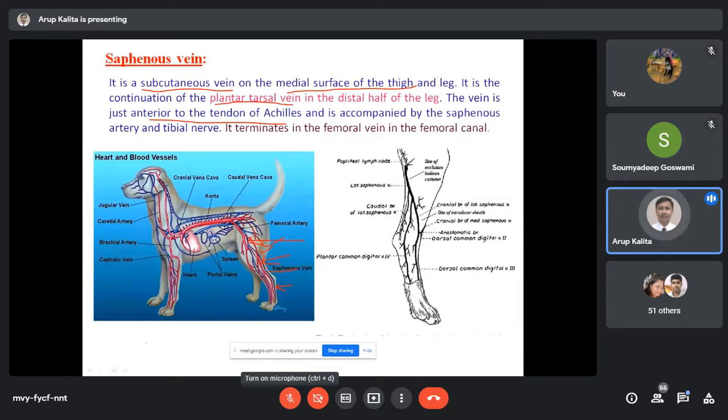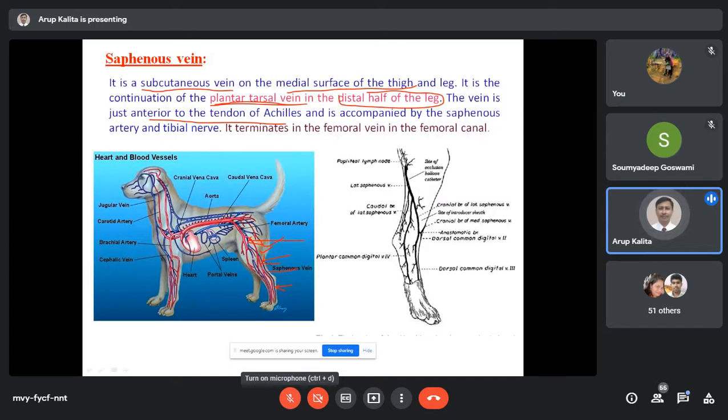So the saphenous vein originates from the plantar tarsal vein. When this plantar tarsal vein comes dorsally in the distal half of the leg and the thigh region, it will form the saphenous vein. Now, the importance of this saphenous vein is that this vein is used to collect blood in case of dog.